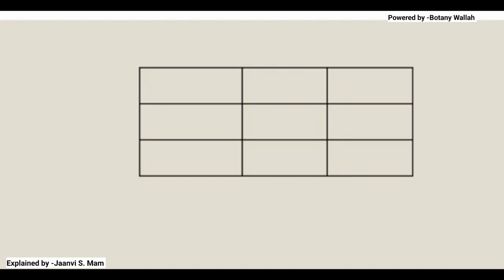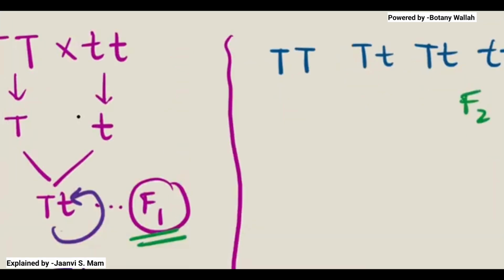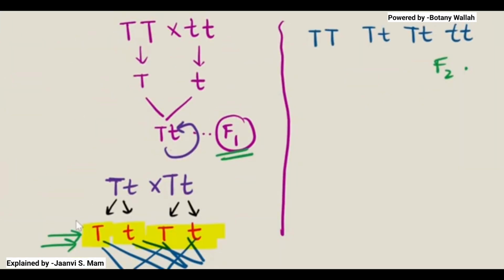Let us understand what we have to do. Here you can see which gametes we have taken: capital T, small t.